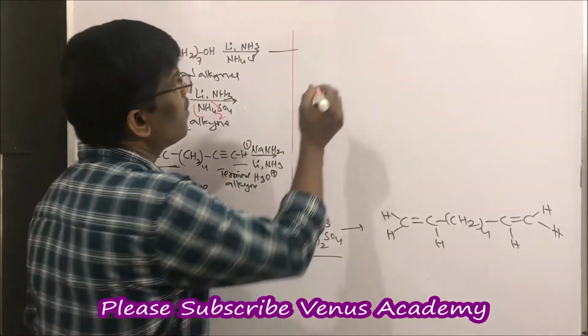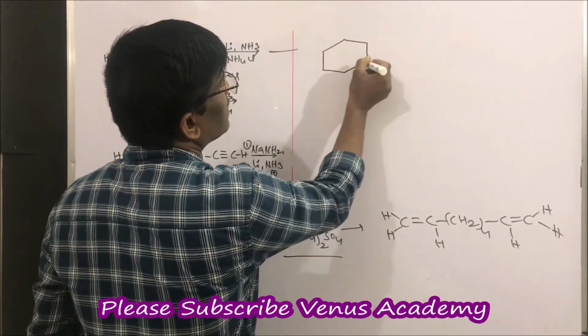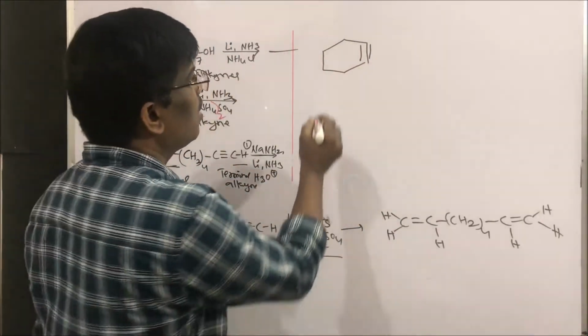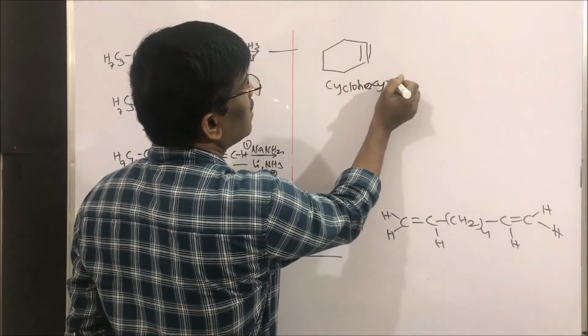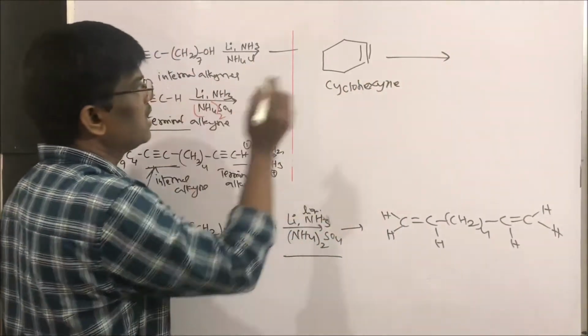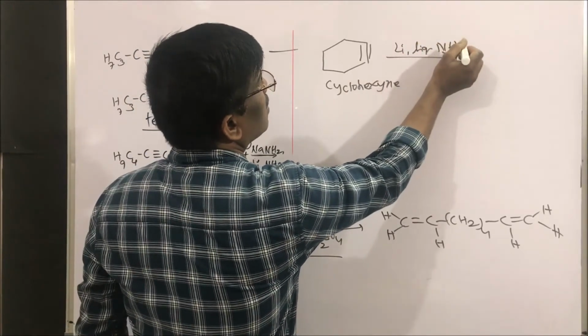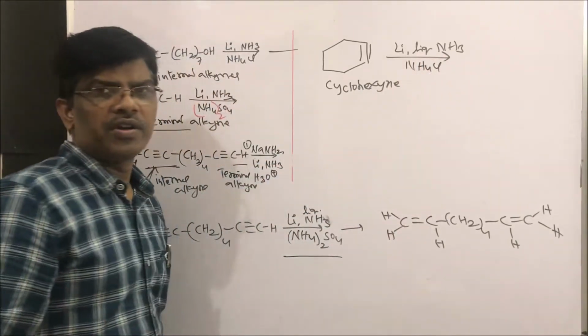Yes. However, if I take cyclohexane, this is one exception, cyclohexane, and do the reduction using, say, lithium, liquid ammonia followed by ammonium chloride. So what am I going to get?